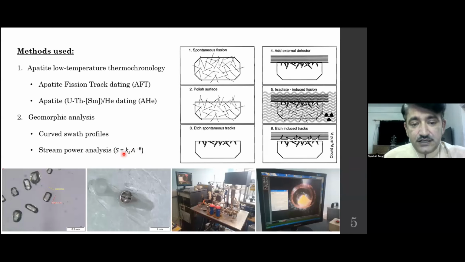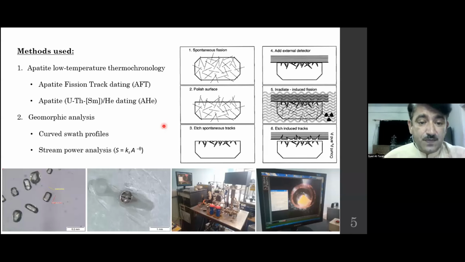We have calculated the normalized steepness index Ksn for a fixed reference concavity value, theta reference. The parameter Ksn can be used as a proxy for erosion rate. So the variations in steepness index can thus be used to infer zones of geomorphic disequilibrium and ultimately variable exhumation rates.